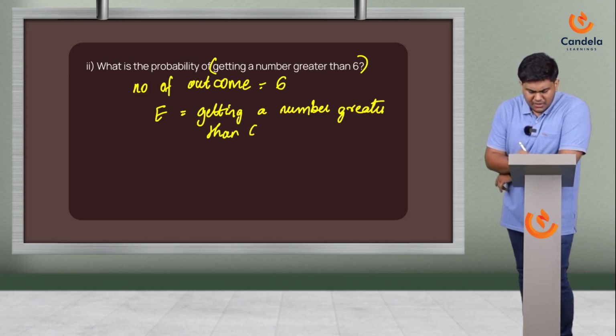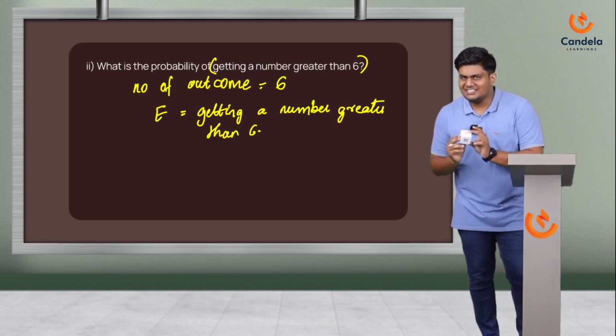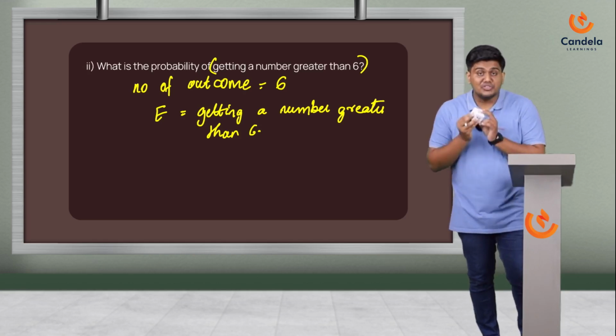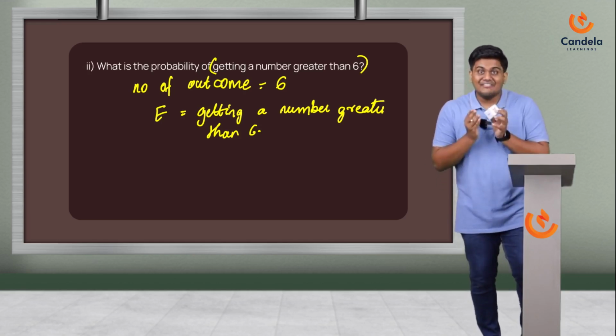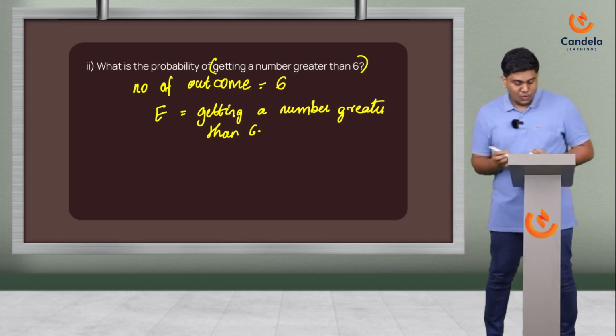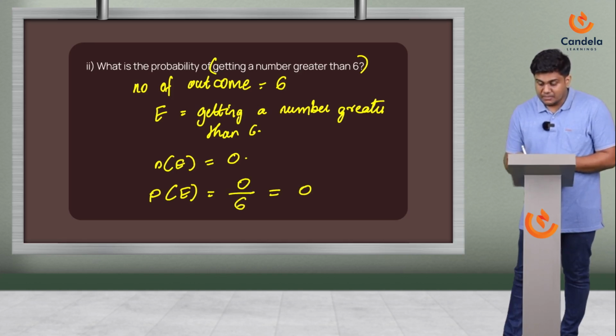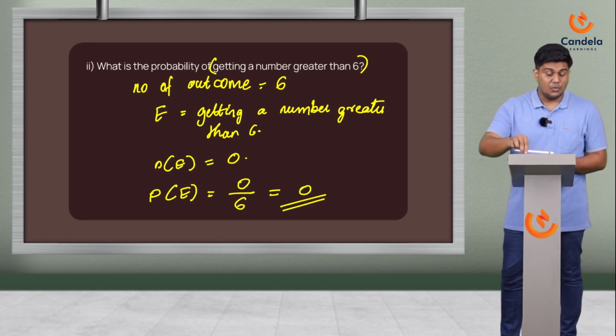Now, when you throw a die, does that option exist? Of course not, because the highest number that we can get on a die is 6. So the number of E, or n of E, will be 0. So my probability of E will be 0 divided by 6, which means my probability is 0.